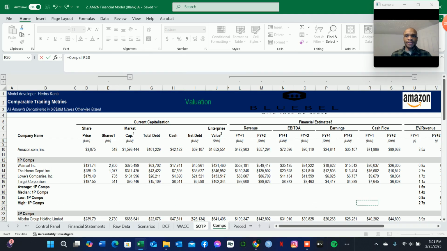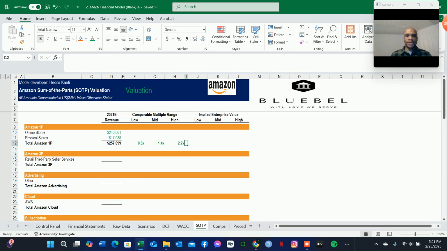Now we can determine the implied enterprise value based on the 2021 revenue generated by Amazon and its comparable trading multiples.